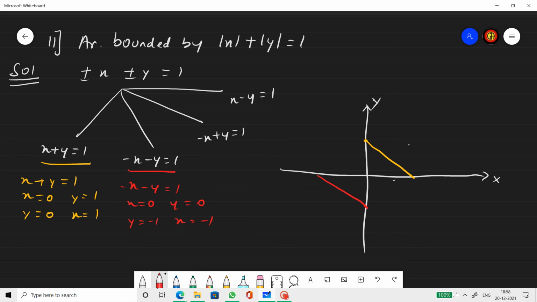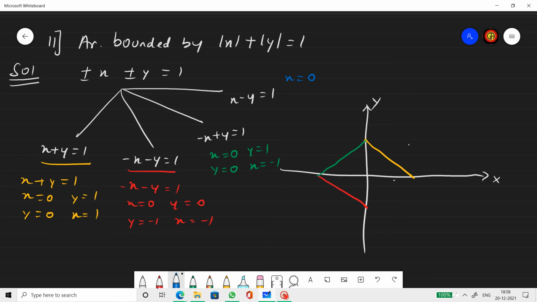Now the next one is minus x plus y equal to 1. So here when x is 0, y is 1. When y is 0, x is -1. So the line will go this way. Now the last one, x minus y equals 1.